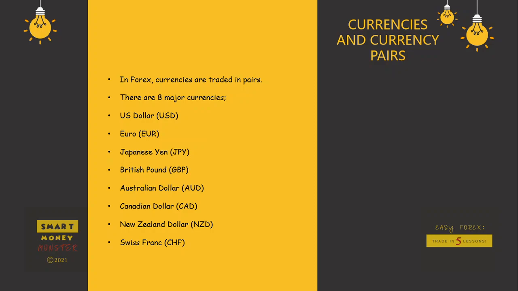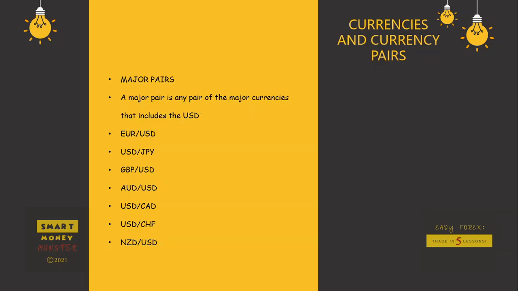So for you to say something is a major pair, it must have any of these currencies and the US dollar. So the major pairs: euro dollar, dollar yen, pound dollar, Aussie dollar, dollar loonie, dollar Swiss, kiwi dollar, basically. You must have the US dollar involved.